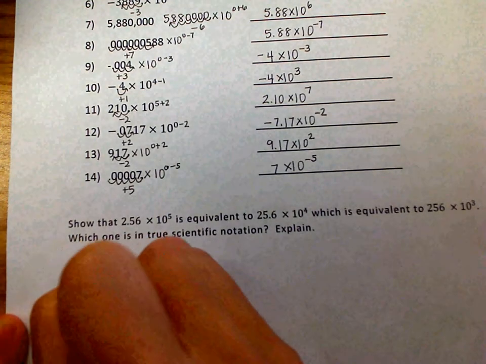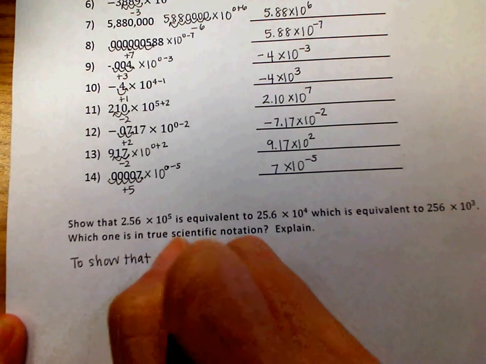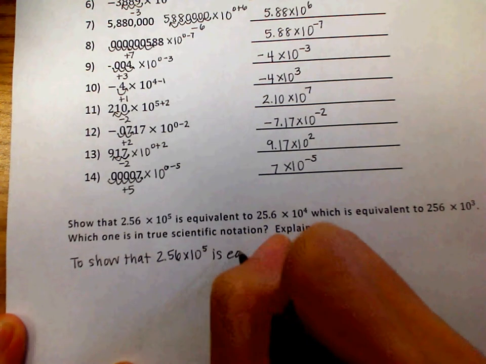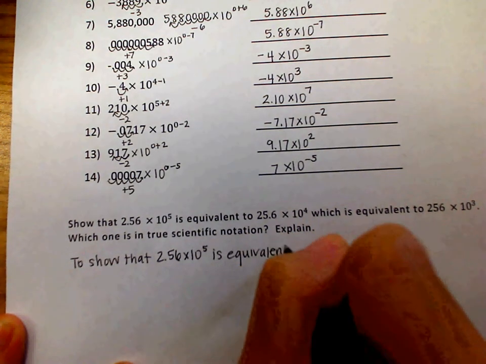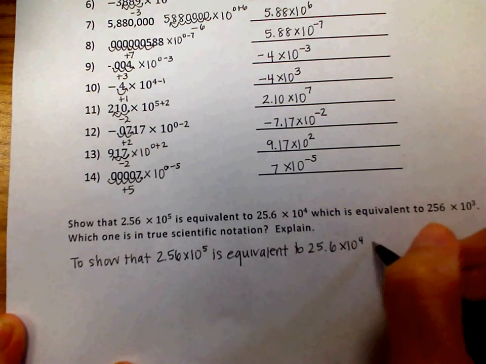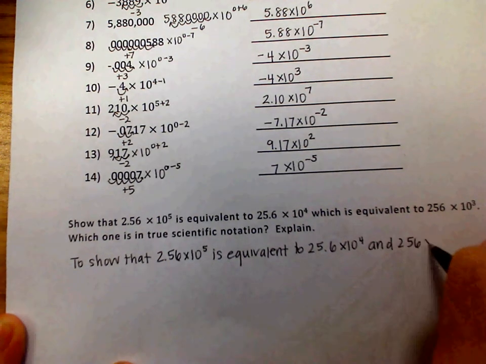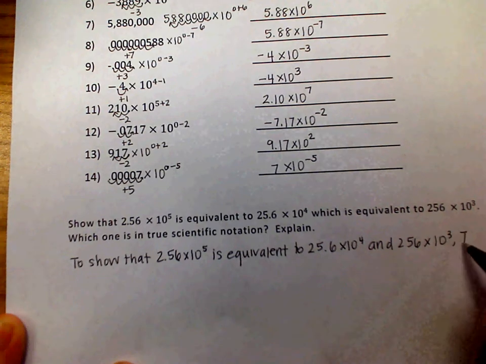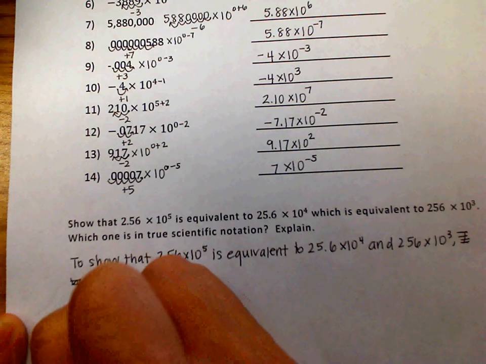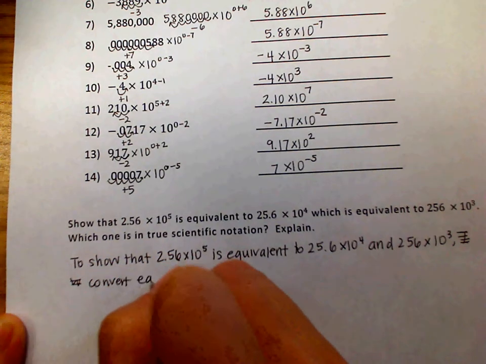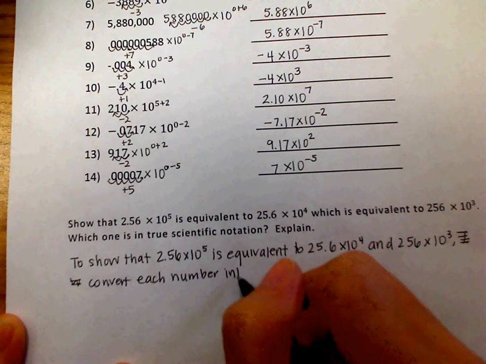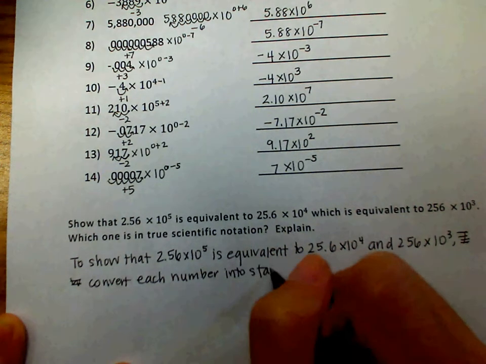show that 2.56 times 10 to the 5th is equivalent to 25.6 times 10 to the 4th and 256 times 10 to the 3rd, I will convert each number into standard notation.